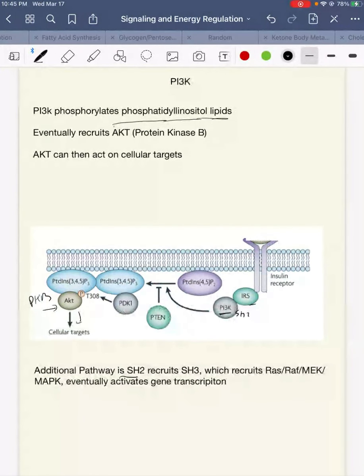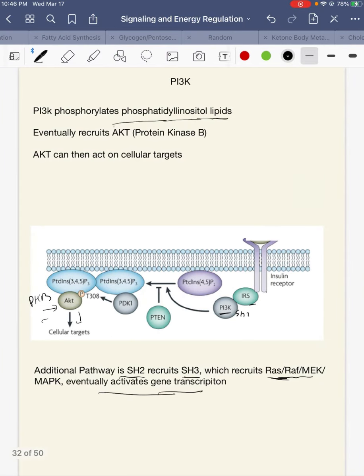An additional pathway is using SH2 and SH3, and this is the one we talked about at the beginning, which activates RAS, RAF, MAPK, and then changes gene transcription. So insulin can use this pathway, activate PKB, and PKB can act on cellular targets, or it can use the RAS, RAF, MAPK pathway and then activate gene transcription. So insulin can do either way.